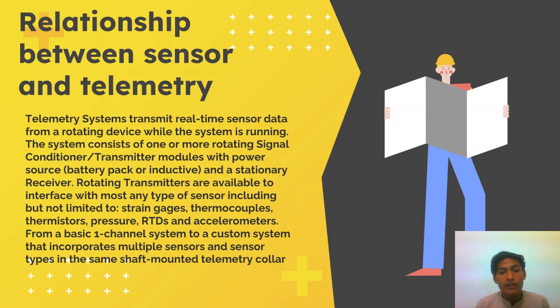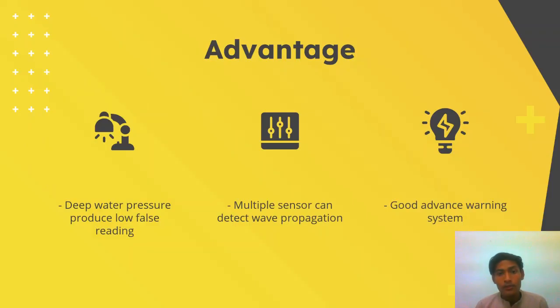Rotating transmitters are available to interface with most any type of sensors including but not limited to strain gauge, thermocouple, thermistor, pressure, RTDs, and accelerometer. From a basic one-channel system to a custom system that incorporates multiple sensors and sensor types in the same shaft-mounted telemetry column.